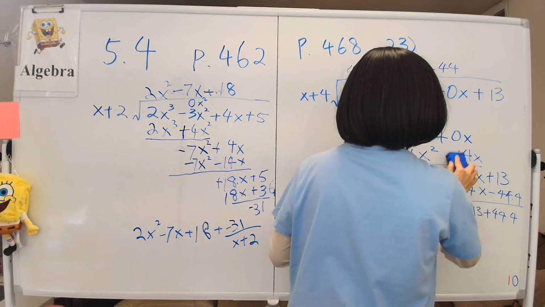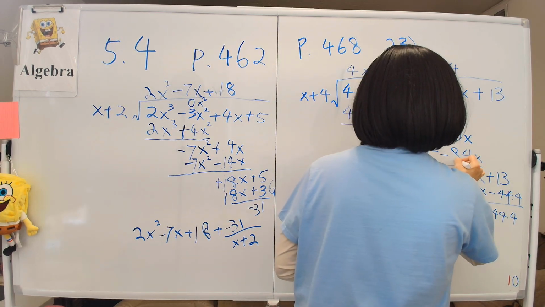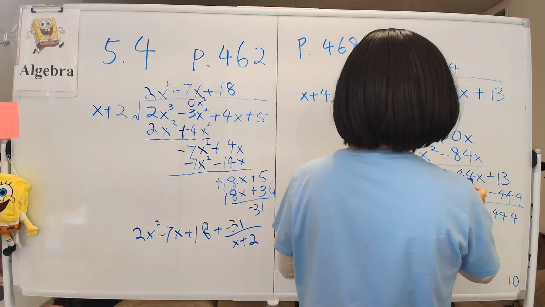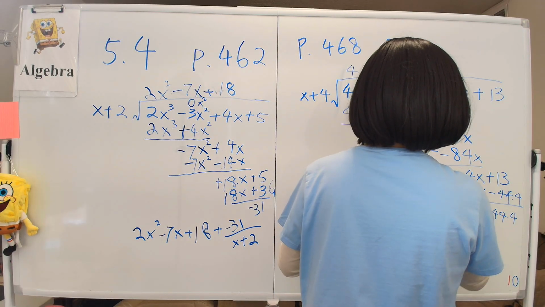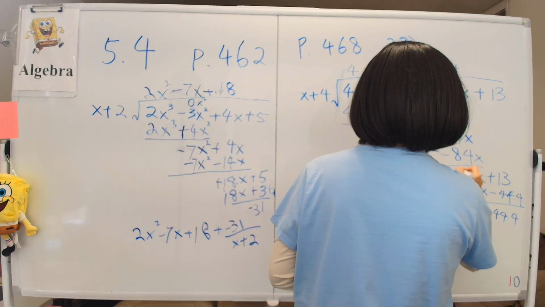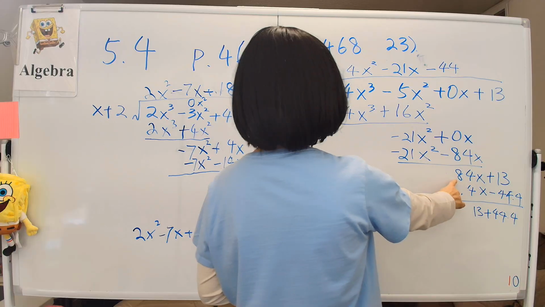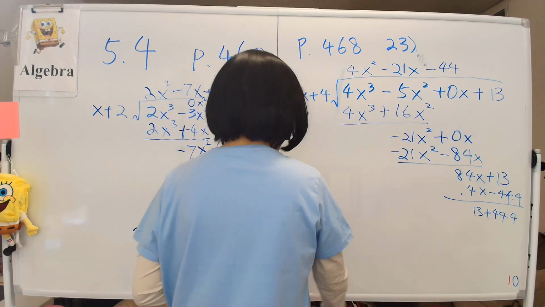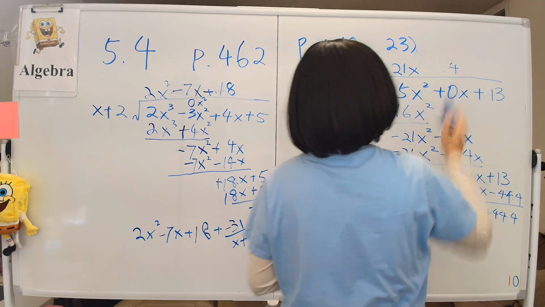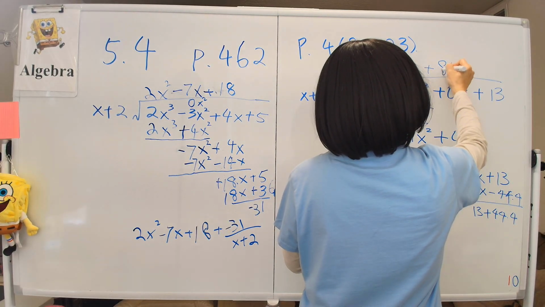So let's fix that. That would become subtracting, that would become positive 84 here. So we have to multiply by positive 84. Positive 84.